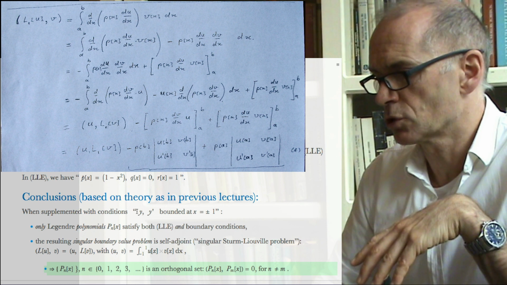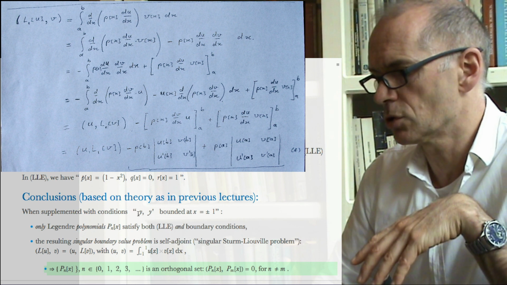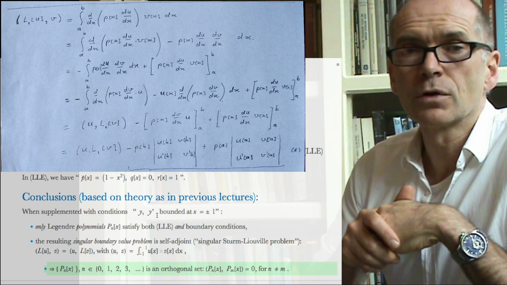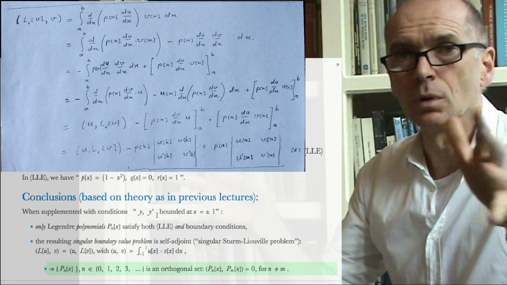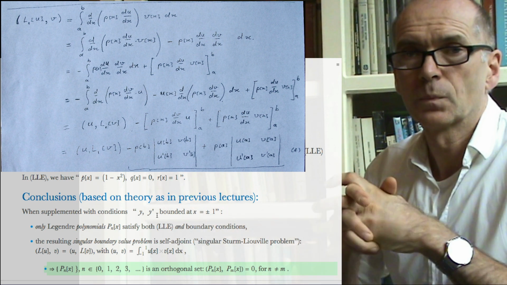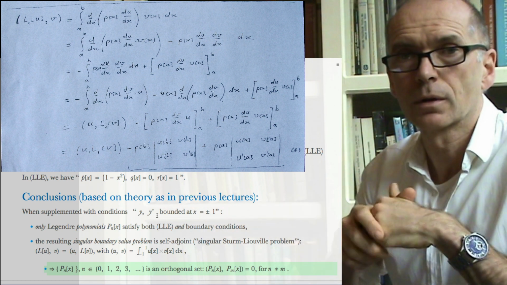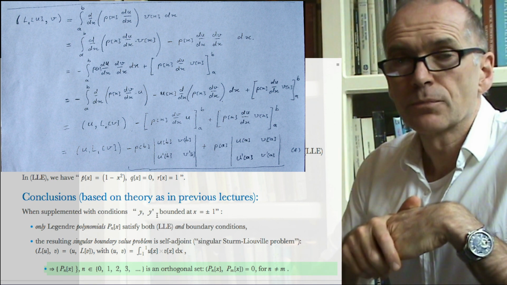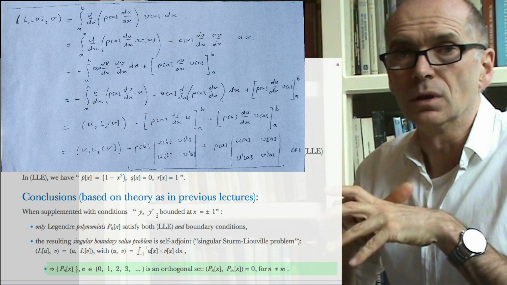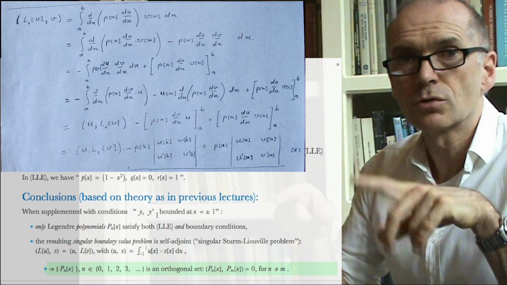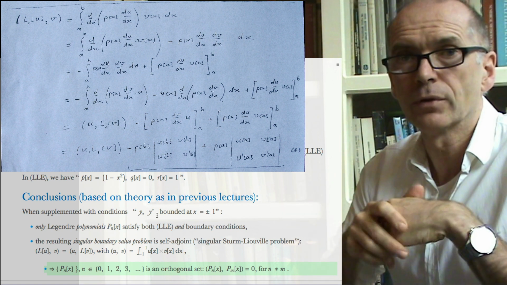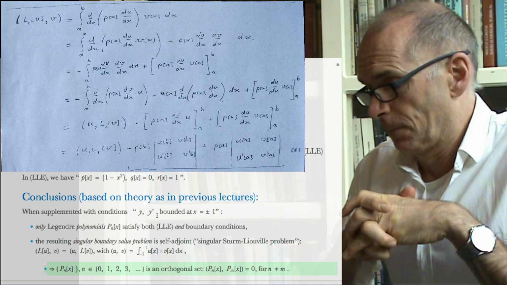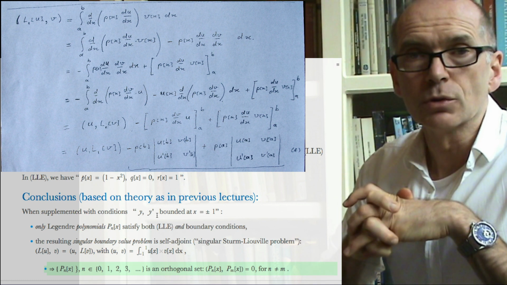And hence, if you supplement the problem with the conditions that the solutions, or indeed any function that you would like to allow in the context of your work, and the derivative are bounded, so that the Wronskian matrices of the functions are bounded at the regular singular points, then the problem will be self-adjoint.